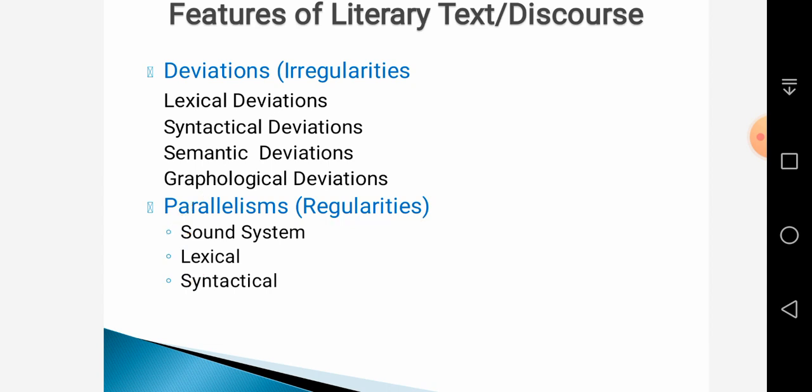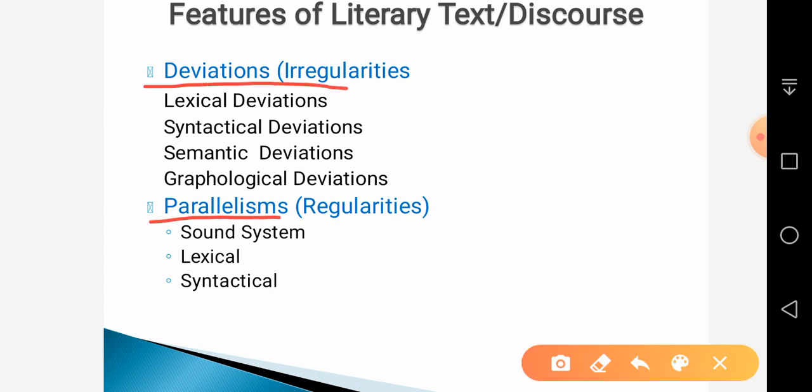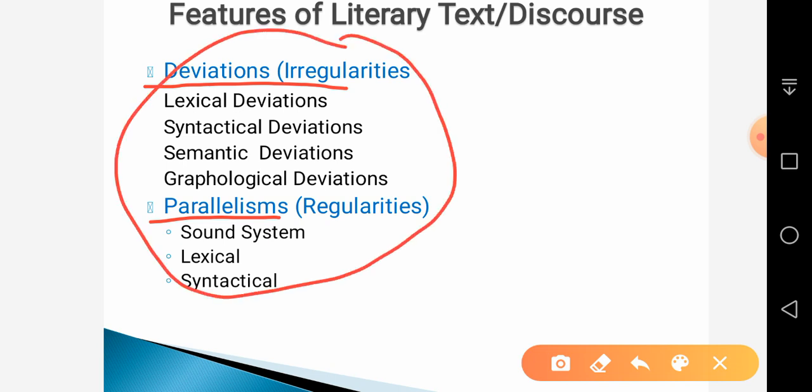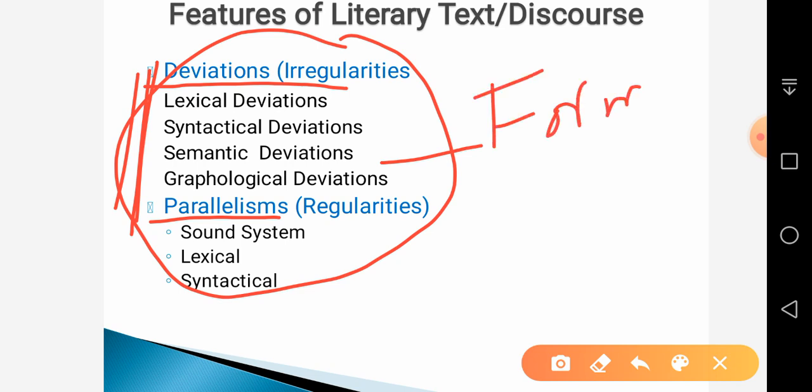So every literary text has got deviations as well as parallelisms. So when we take up a literary piece for critical appraisal or for critical analysis or evaluation, so these items have to be discussed and they belong to form. All these items belong to form or some linguistic code.